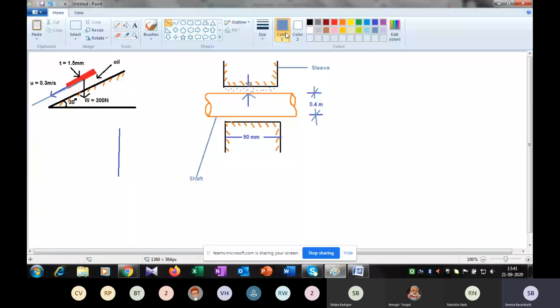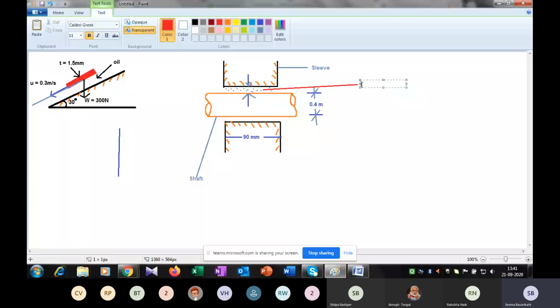The thickness of the oil film is equal to 1.5 mm.